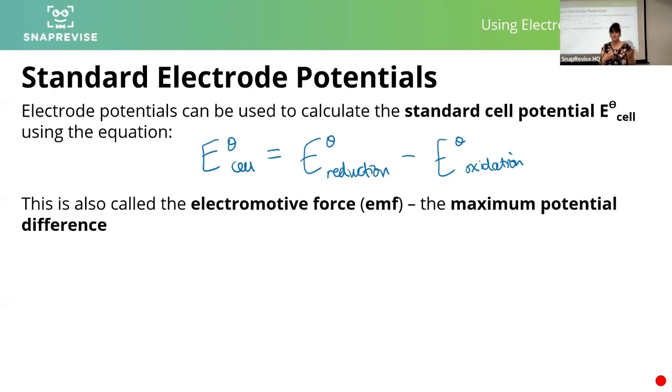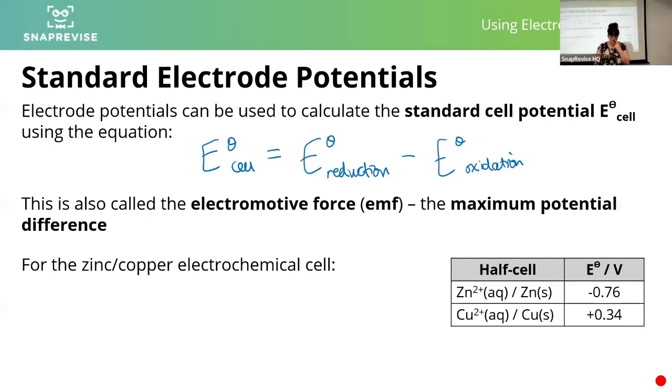The bigger the difference between the reduction potentials, the more likely it is that a cell is going to happen, because one half cell is very good at reduction and the other one must be very good at oxidation. So you're going to get a very good flow of current and a very high EMF, electromotive force. That is the maximum potential difference between the two half cells. So the bigger the potential difference, the bigger the push of electrons, the better it is at behaving as a cell.